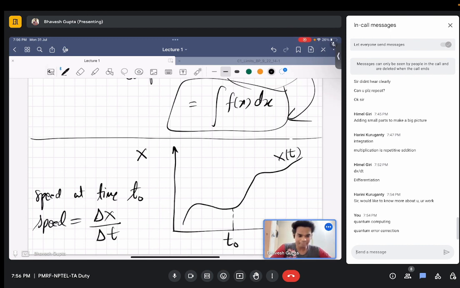Because currently we definitely have a quantum computer, no doubt. We have quantum computers, for example, with 400 qubits, which is a superconducting quantum computer. But the exciting problems which we wanted to solve, the problems which our classical computer cannot solve, for that we need thousands of qubits.